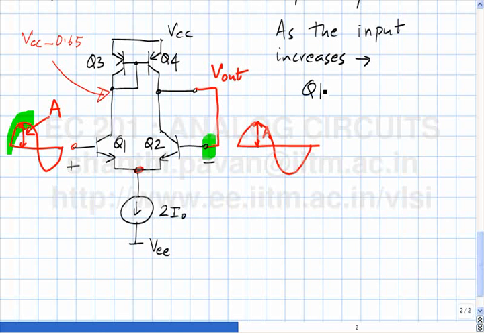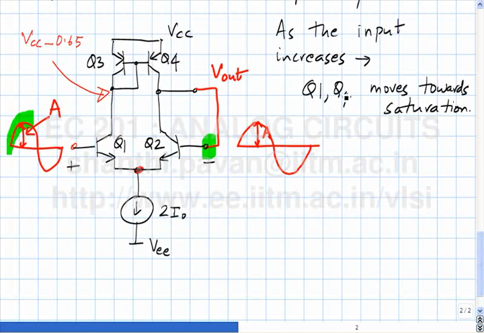As the input increases, Q1 gets pushed towards saturation. Alright? What about Q4? Q4 also moves towards saturation.